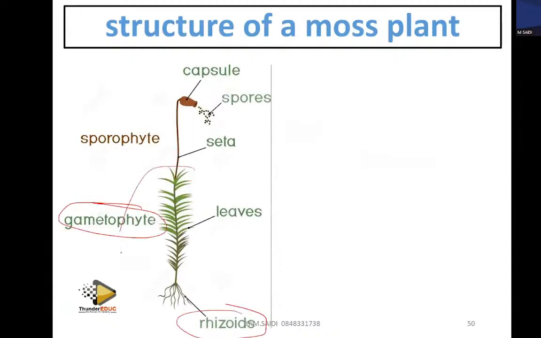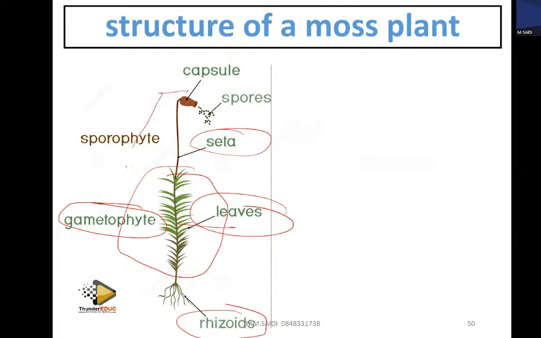Gametophyte, this is the dominant generation we talked about. These are leaf-like. Then this is a seta, which acts like a stem. And this phase is what we call the sporophyte. It contains the spores. And where spores are kept is what you call the capsule.